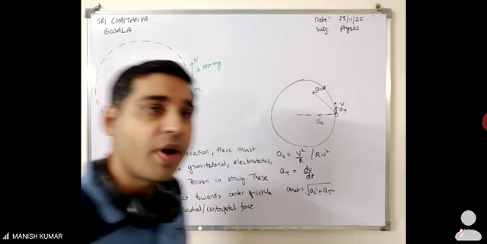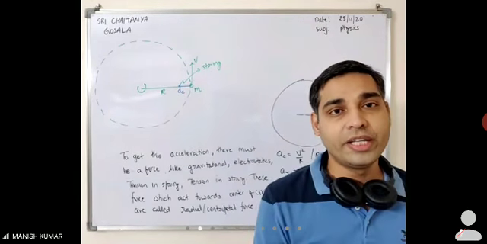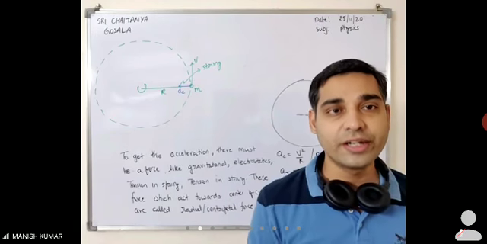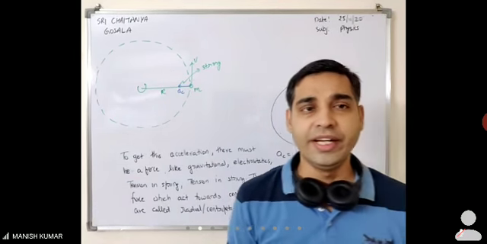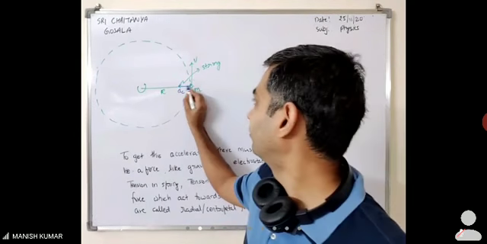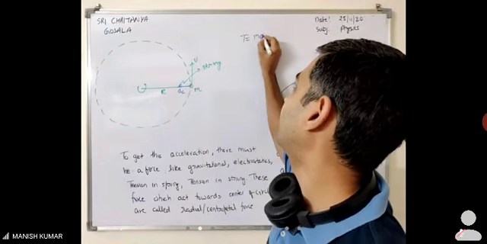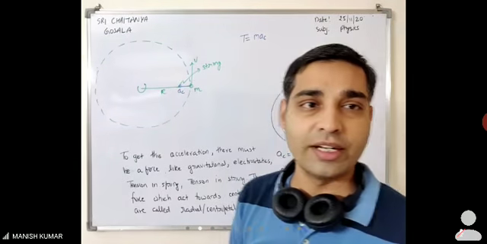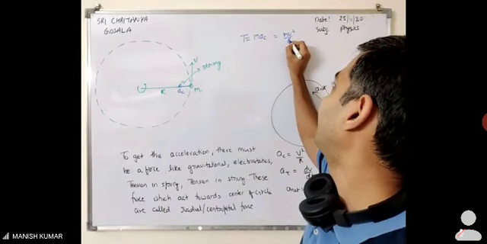But who will provide this acceleration? Acceleration cannot occur automatically. There must be some force providing it. It is this tension which is providing this acceleration. So tension is nothing but mass into acceleration, that is, tension equals mv square by r.